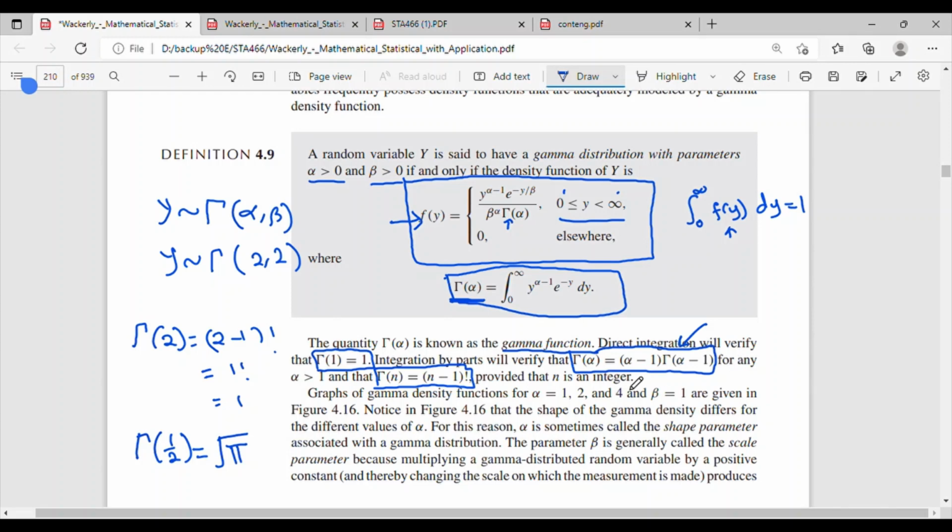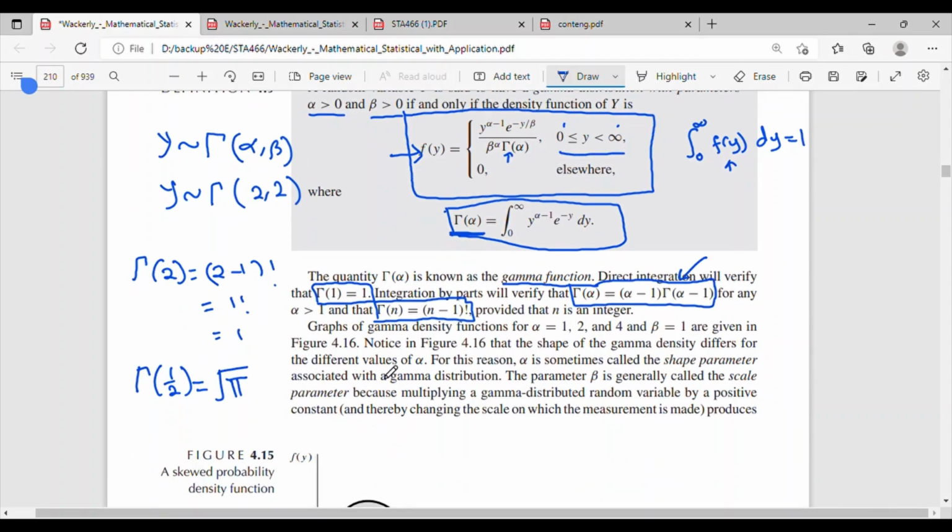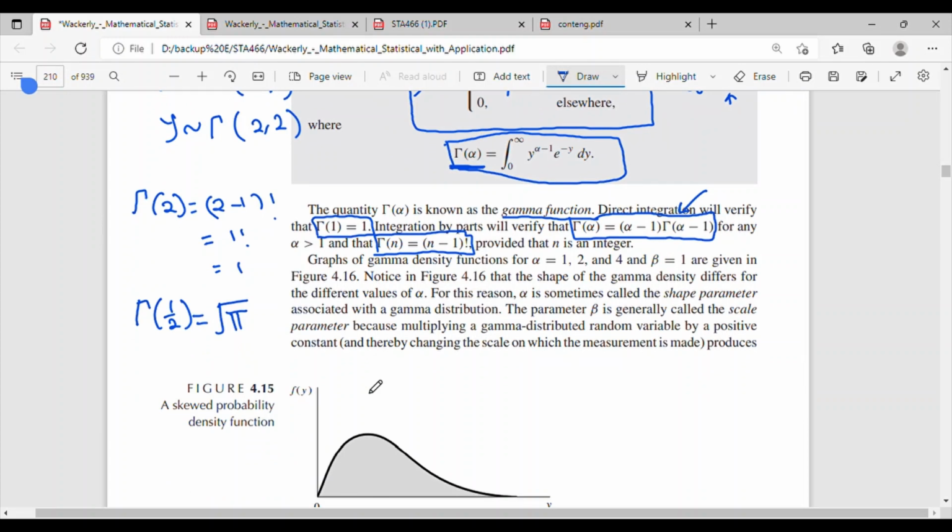Okay, you have to memorize the distribution for this gamma. Okay, look at the second paragraph here. The graph of the gamma density function for different alpha and beta is given in figure 4.16.